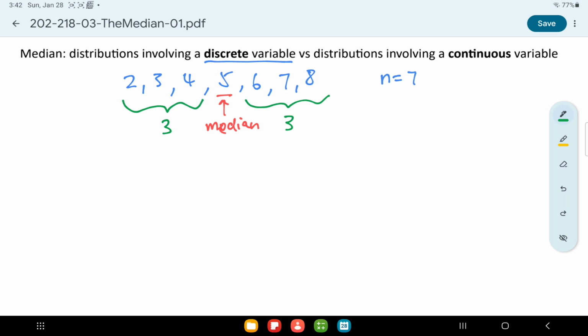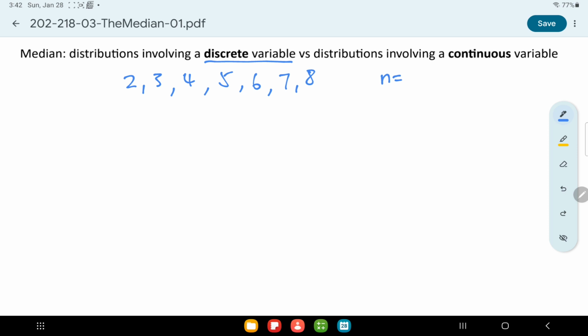So very quickly, we have just looked at dealing with distributions involving an odd number of numbers, distributions with an n that is an odd number.